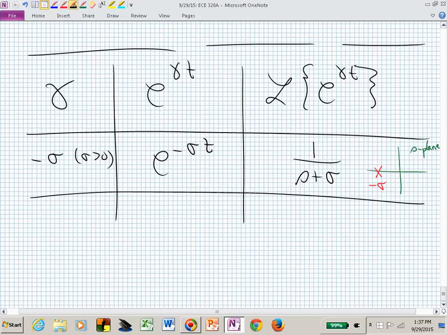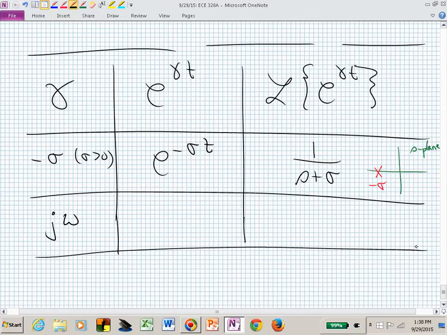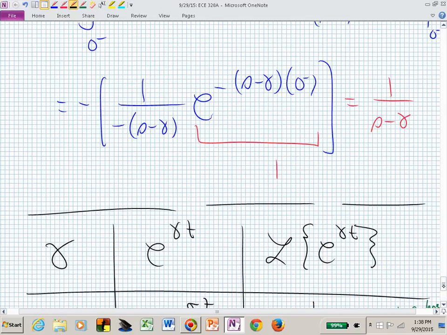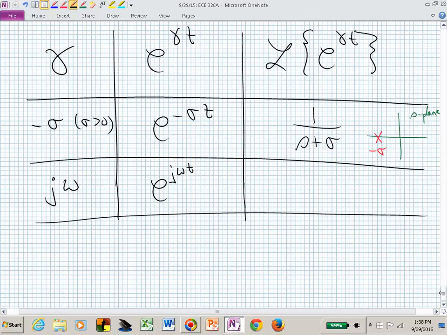What if I allowed gamma to be a complex number, j omega, a purely imaginary number? Now I raise e to j omega t, and based on my derivation of the Laplace transform, I now have 1 over s minus j omega.